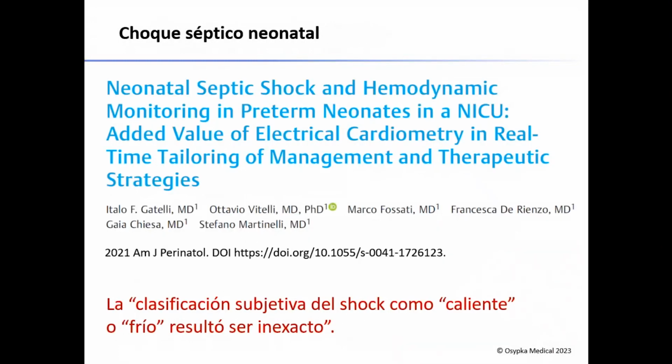A similar, or not a similar study, but a study using electrocardiometry in neonates was done in Italy, also in 2021, and they came to a similar conclusion. The simple classification of cold shock and warm shock is not as helpful as hemodynamic measurement.